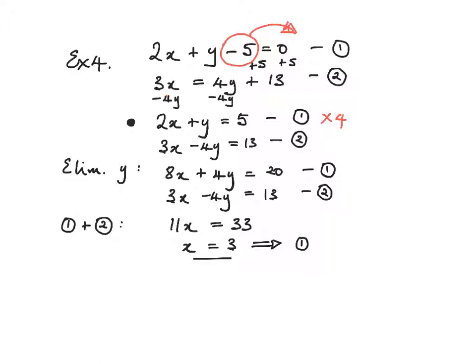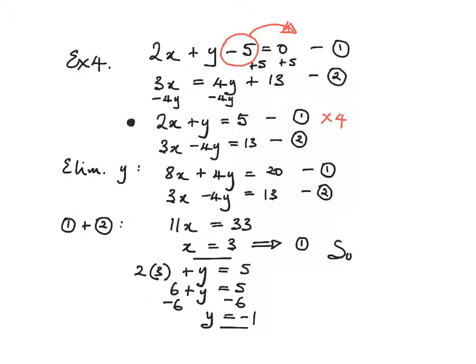So 2 lots of x, 2 lots of 3, plus y equals 5, 6 plus y equals 5. If I subtract 6 from both sides, I have y equals minus 1. So the solution is that x equals 3 and y equals minus 1.